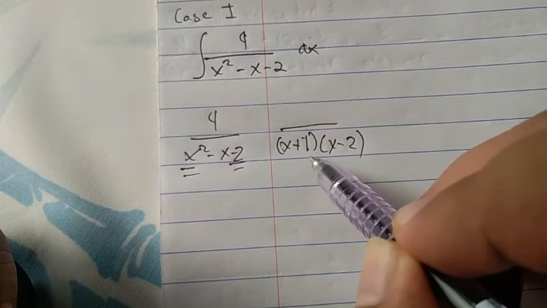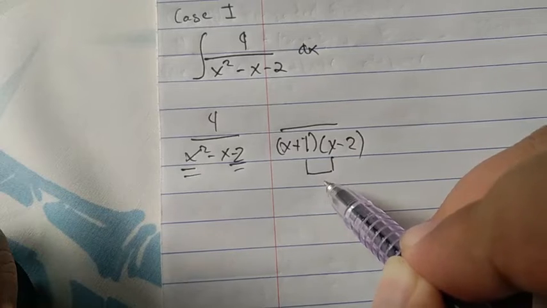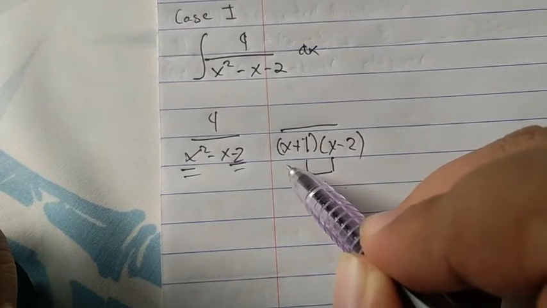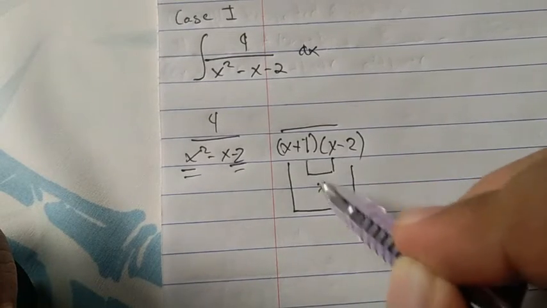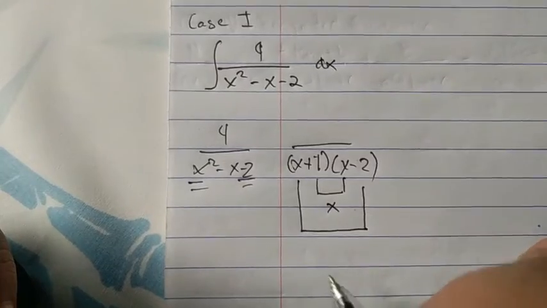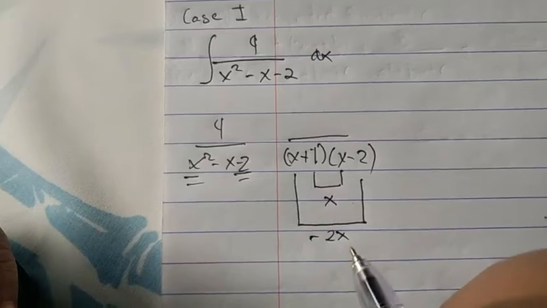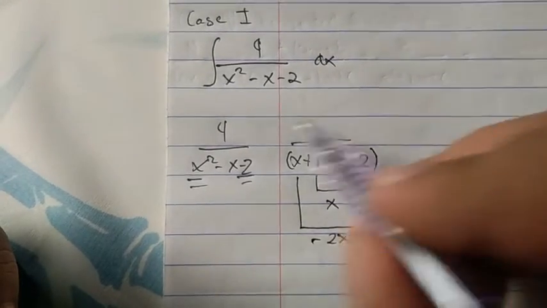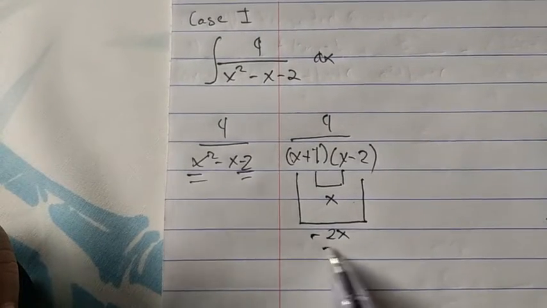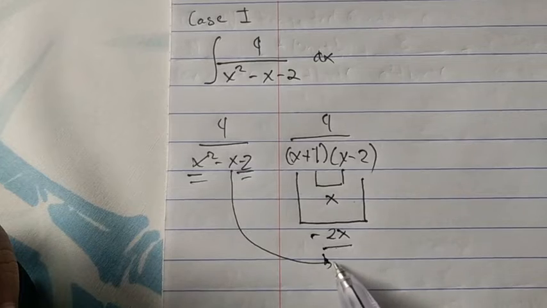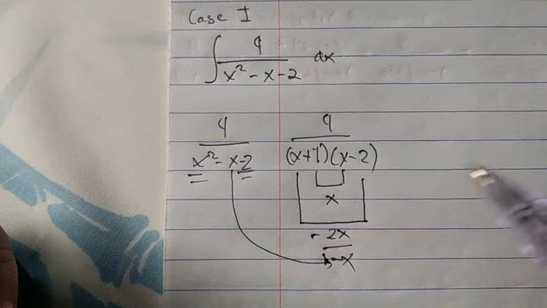Then we copy our 4 right here, and that is our partial fraction.